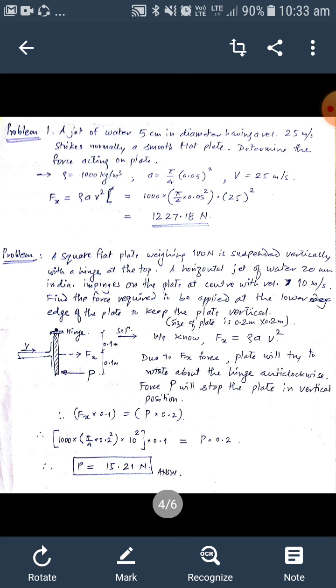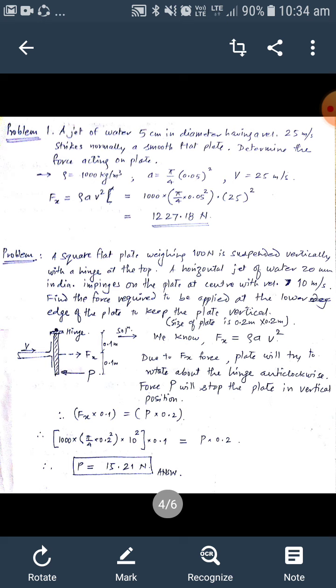Now here, what we have to consider? As the plate is hinged, it is not completely fixed. What will happen? When the jet strikes, the plate is slightly moved. It will rotate at the hinge. Now, if we want to keep the plate again in vertical position after the impact of jet, we have to apply some force in the opposite direction to the jet, and that is shown here at the bottom of the plate, that is equal to P. The question is, what is the value of P?